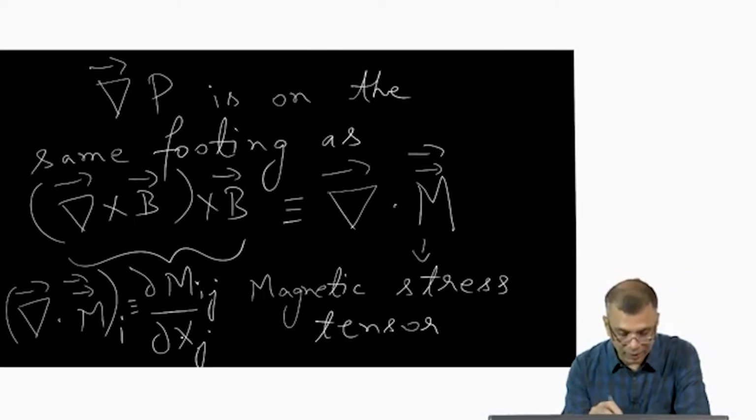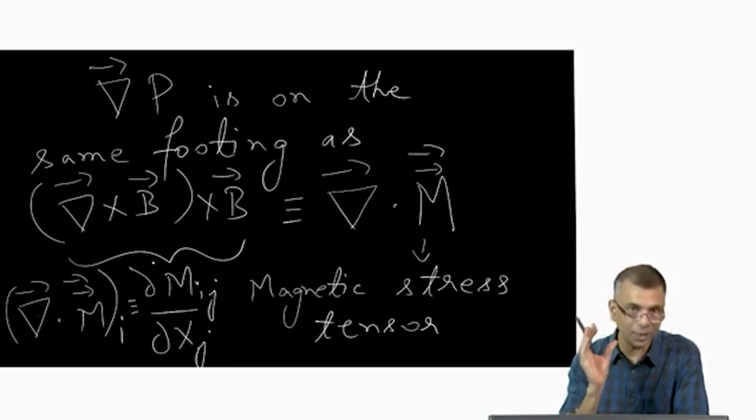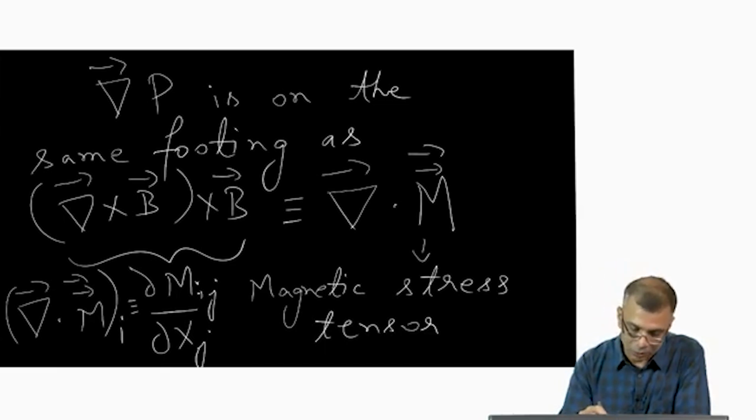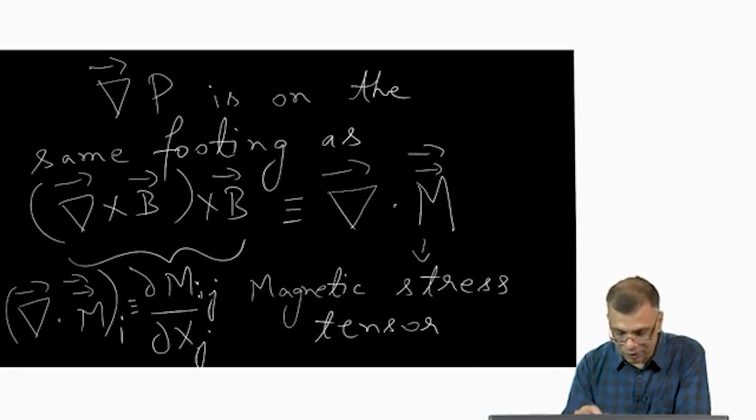So, the ith component of this divergence is simply, let's be concrete. Let's say this i is x. So this would be dm xx dx, where now the i is x in any case. So, first of all I say j is equal to x, right. So, it would be dm xx dx plus, since I need to sum over j, I would have dm xy dy plus dm xz dz.